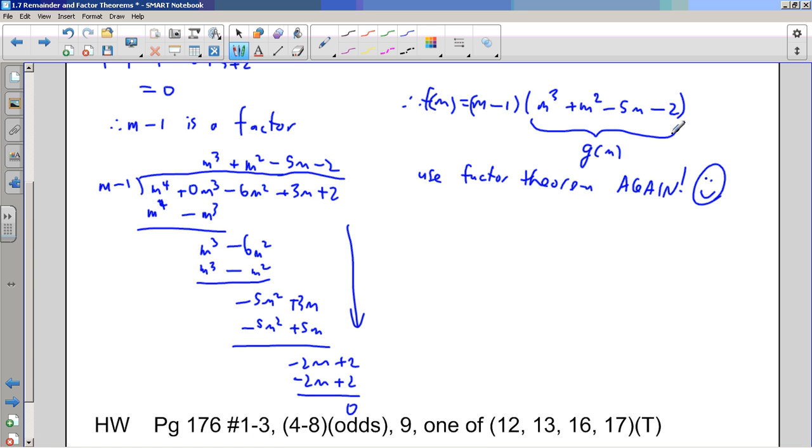Wow. Okay, no problem. Well, if I look carefully, if I just put in 1, it's not going to work. I can see that, but maybe -1 will work. Let's try, not f, this is g now at -1.